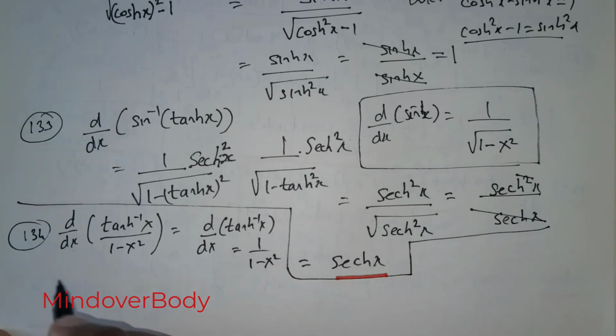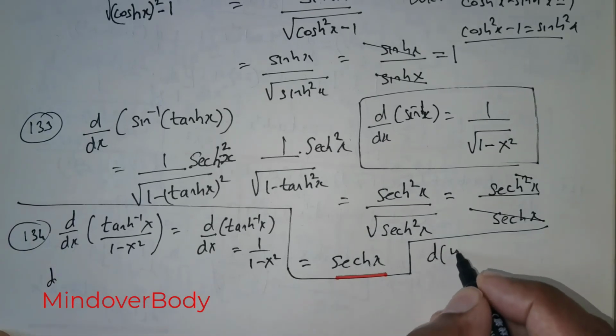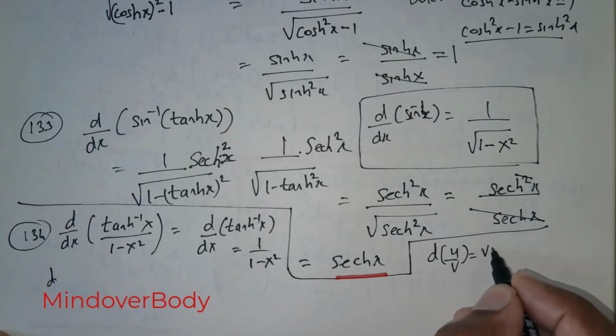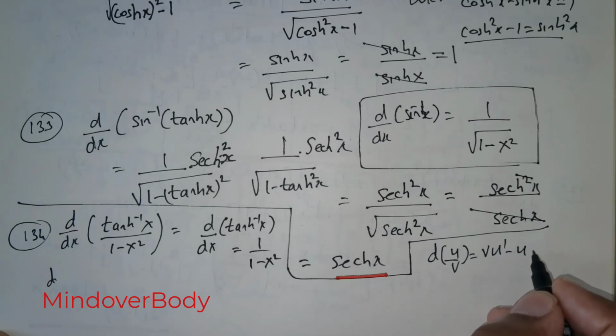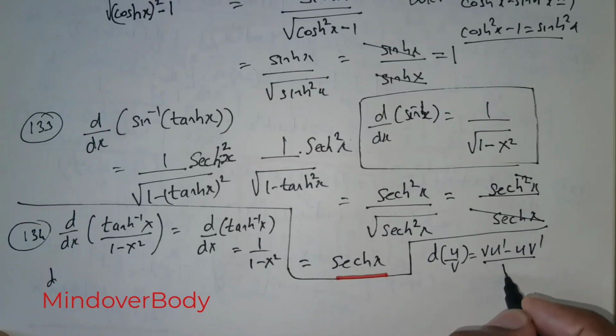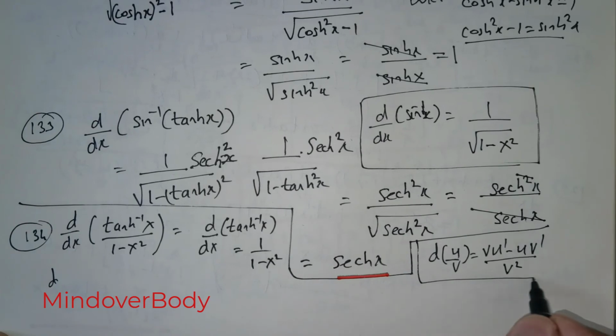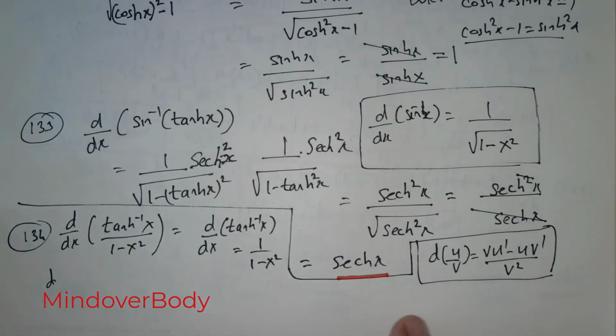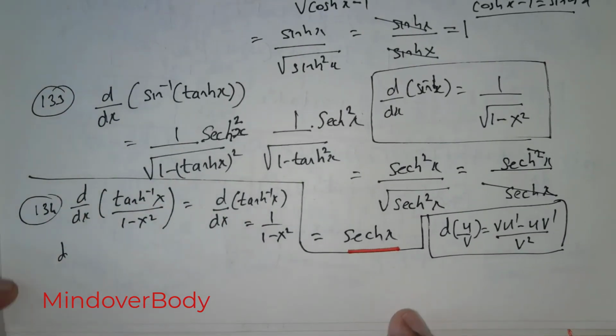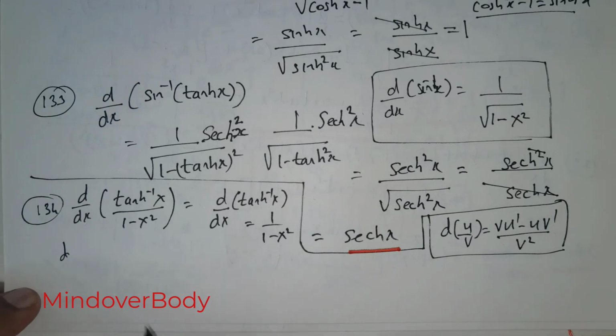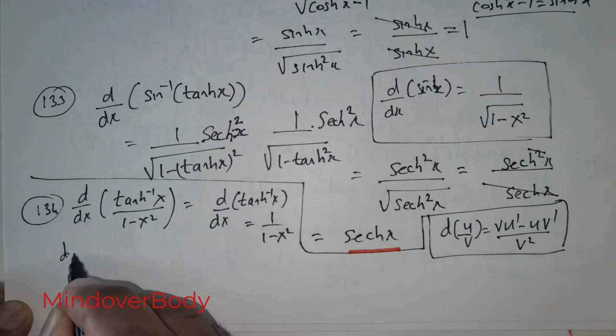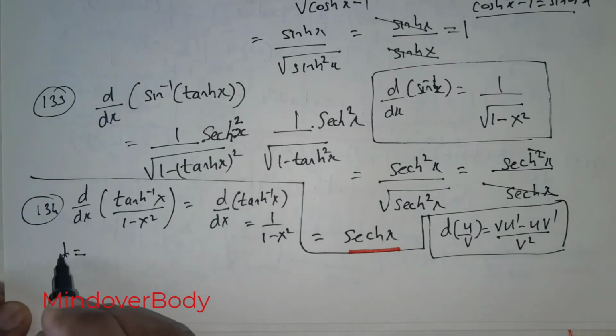Now the formula we would like to employ here, so let me write that down. d of u over v is equal to v times u dash minus u times v dash, divided by v squared. This is the formula that we will have to use. So by using that formula, I'm going to differentiate this. Let me start off with the equal sign.